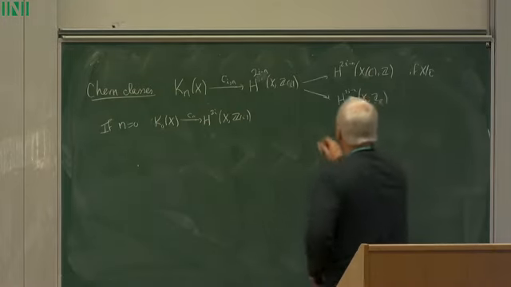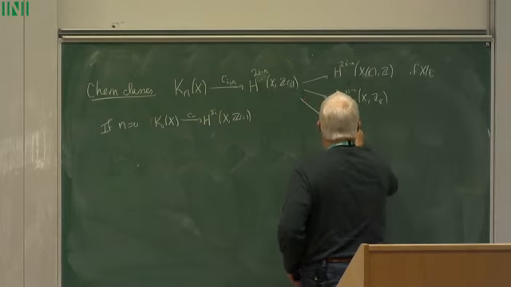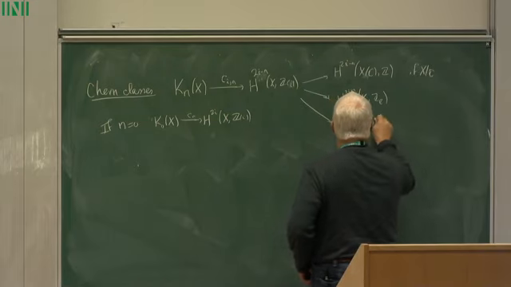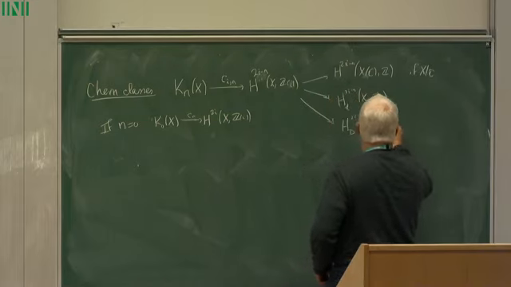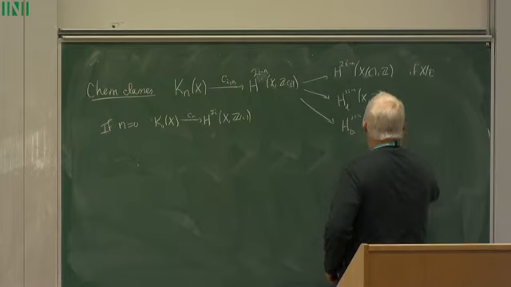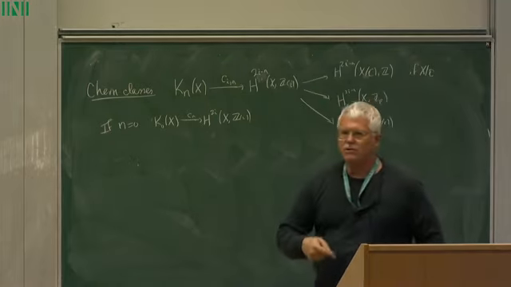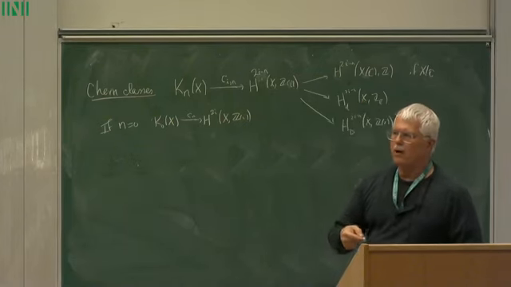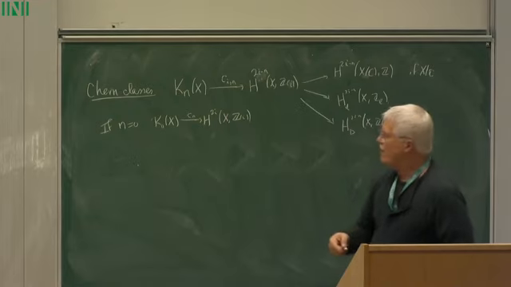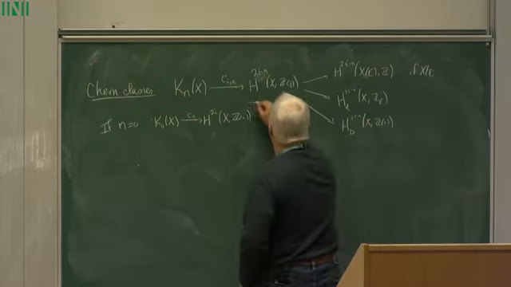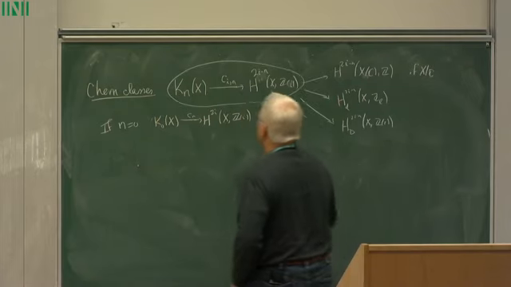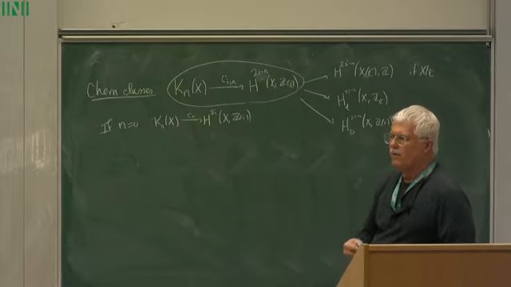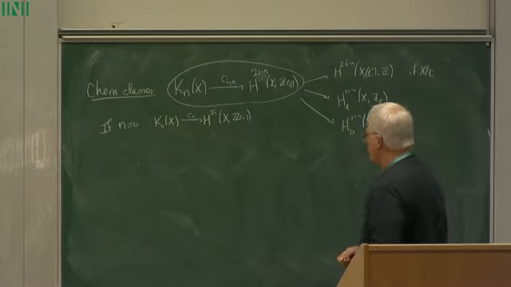If I map to Deligne cohomology, H^{2i-n}(X, Z(i)), I get Deligne Chern classes and so on. So pretty much all of the standard Chern classes that we know about that are operating on K theory factor through this universal Chern class. So that's the first connection between K theory and motivic cohomology.